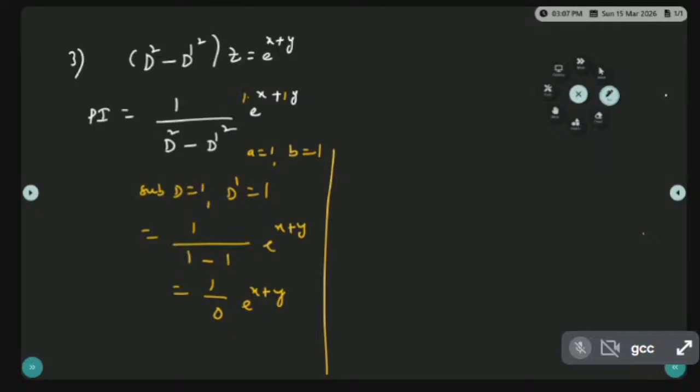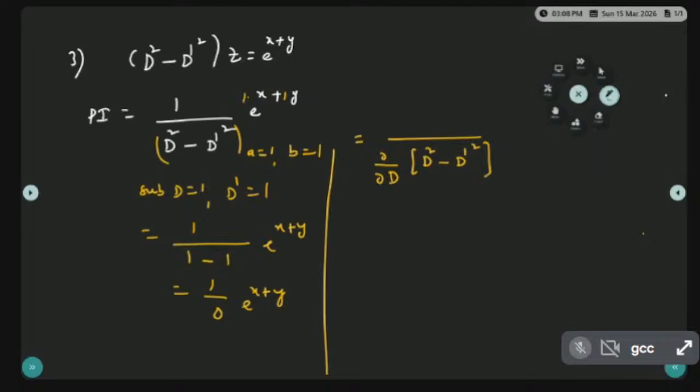Why are you all disturbing? Listen, everyone. When the denominator is 0, try to differentiate the denominator. Try to differentiate the denominator: dou by dou d of d square. Just concentrate on the denominator and differentiate with respect to d, but with a condition.